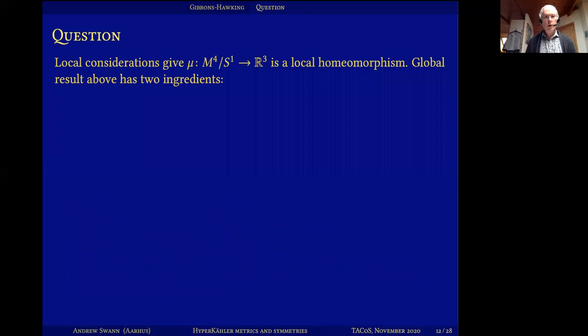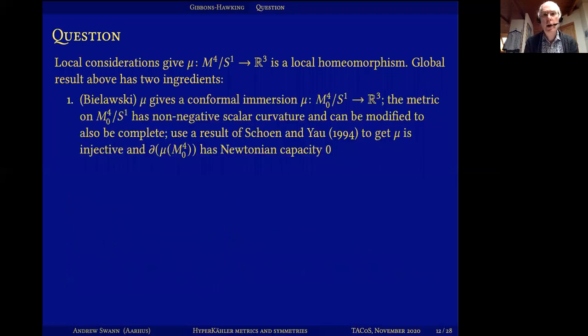So let me mention something about the rough idea of the proof, which is very Riemannian and rather analytic. There are 2 ingredients. The first observation is if you hold yourself away from the fixed points, so let's call that subset M0, then mu gives you a conformal immersion of the leaf space into R3.